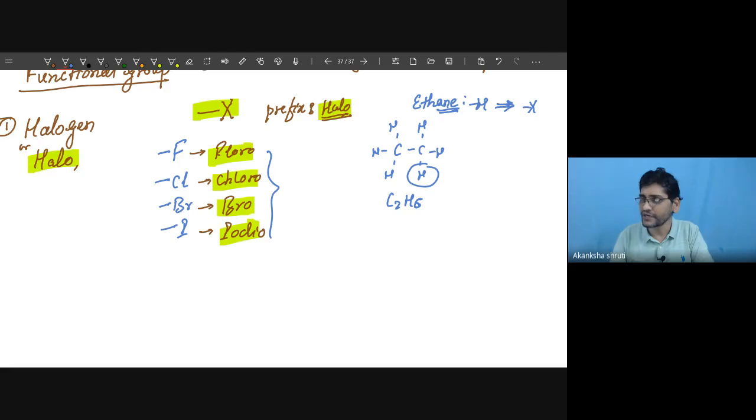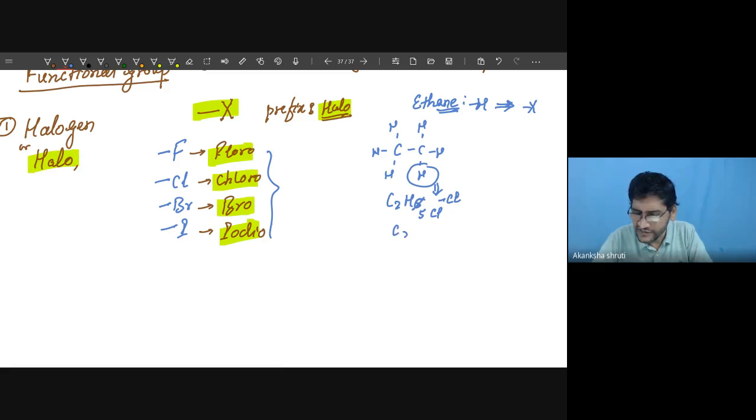Though mostly fluorine, chlorine, bromine are able to form electrovalent bonds like NaCl, MgCl2, here while it is attaching with the carbon, always the bond will be covalent, formed by sharing. So here one hydrogen has to be replaced by a chlorine I am taking. Now the 6 hydrogens become 5, and along with this I need to put the chlorine.